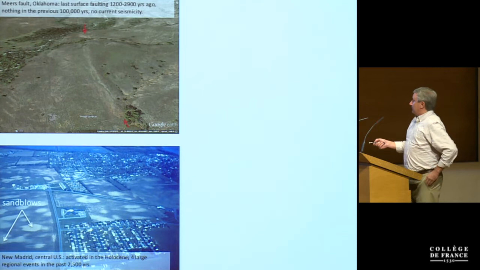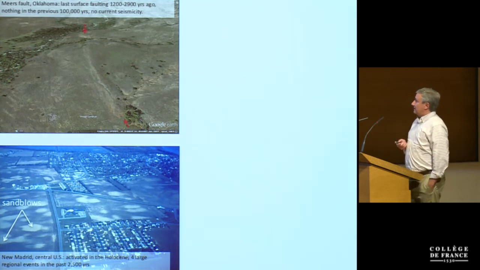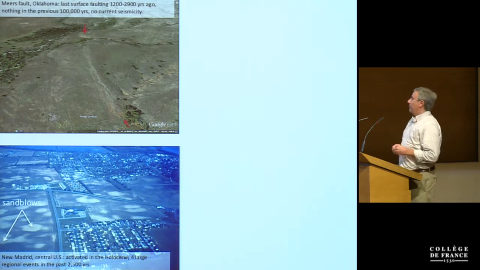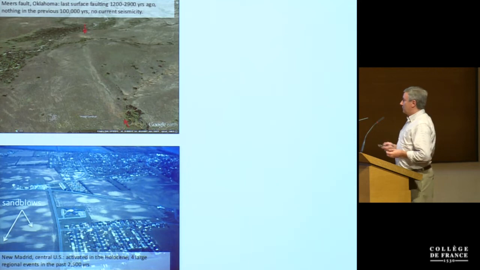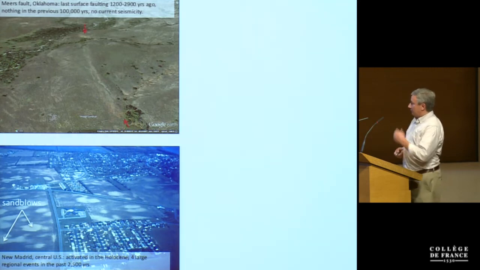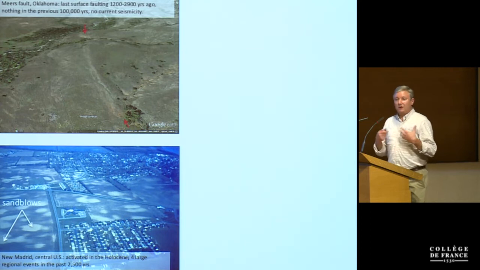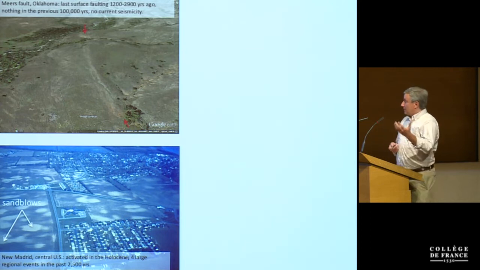Another example, and this is not a fault we're looking at here, we're looking at sediments, or actually obviously at the surface here, the very flat topography of the upper Mississippi embayment in the central eastern U.S. This region is called the New Madrid region of the central U.S., and I'll show it to you in a bit more detail later. It's a region where large earthquakes occurred in the Holocene, all the way up to as recent as 1811, 1812, magnitudes greater than 7, not exactly known.